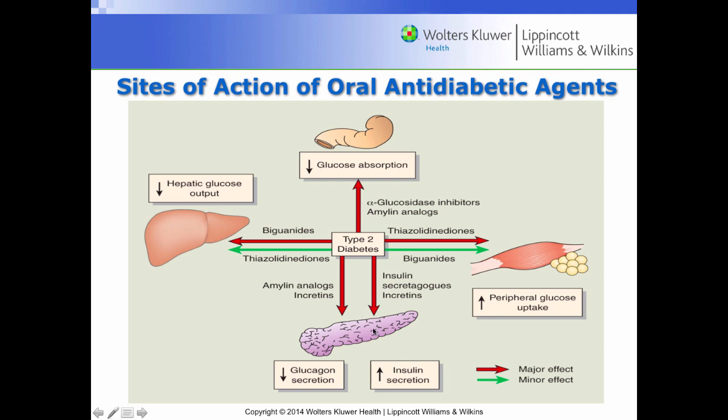Okay? Some of them enhance insulin secretion by the pancreas, while some of them reduce glucagon secretion. And glucagon is the counterpart hormone to insulin produced by the pancreas. Glucagon's effects are essentially to elevate blood glucose. Okay? So by limiting glucagon secretion, we prevent that release of glucose. Okay? So all of these effects of these oral anti-diabetic drugs are to limit blood glucose in order to prevent hyperglycemia.